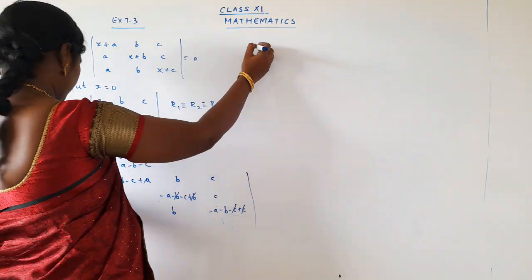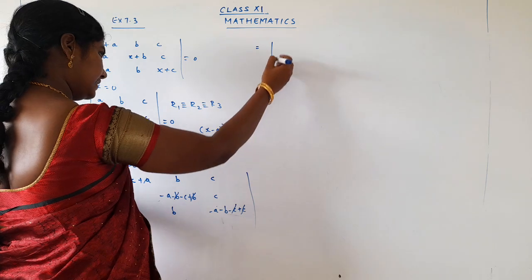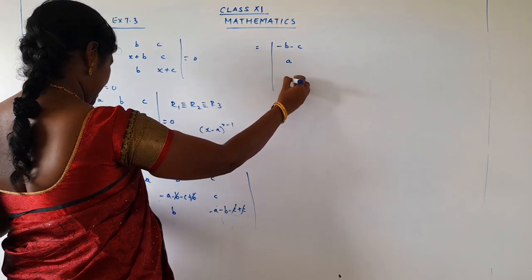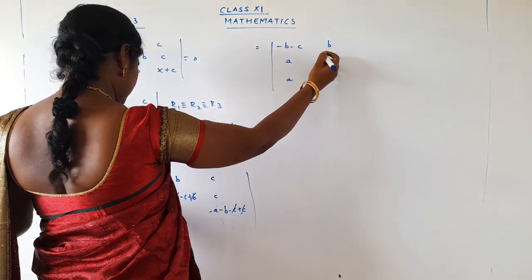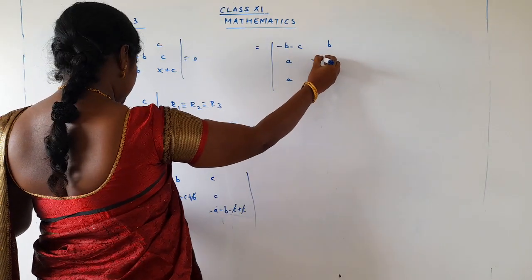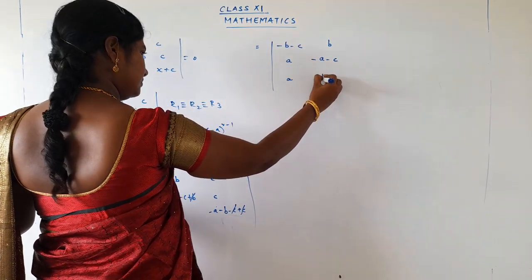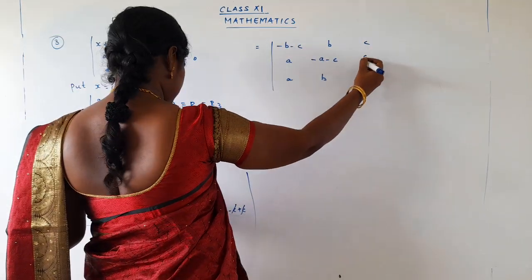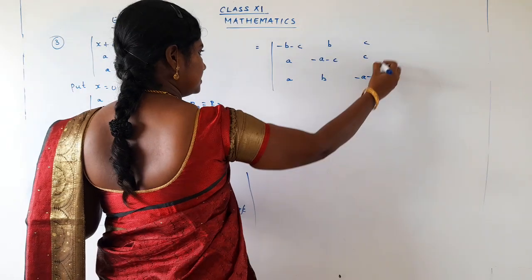So I get minus B minus C, this is A, B, this is minus A minus C, this is C, minus A minus C. Just take all the steps.